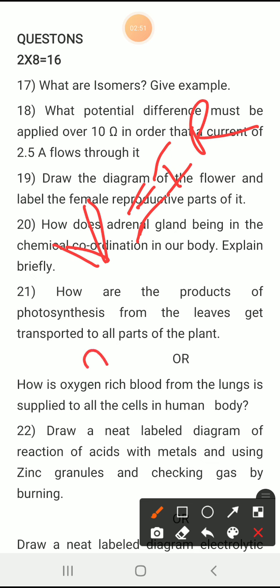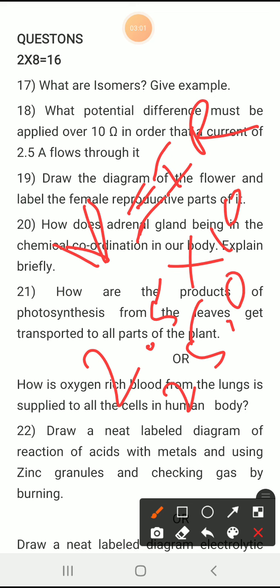So I is how much? 2.5 into 10, which is nothing but 25.0, which is 25, correct? Right.